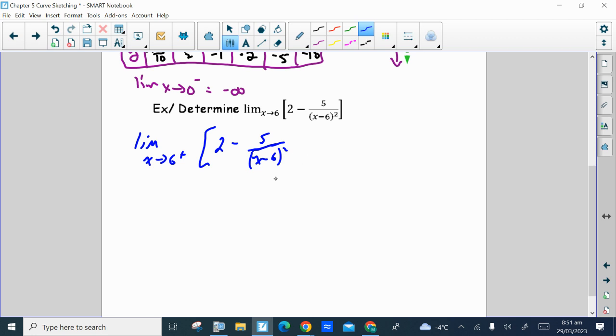When you square a number that's getting smaller and smaller, it's going to get even more small. So you're going to be dividing 5 by a number that gets smaller and smaller. That's going to give you an answer that gets larger and larger. And then you have to go 2 minus a number that gets larger and larger, which is going to give you negative values. And this is going to approach negative infinity.